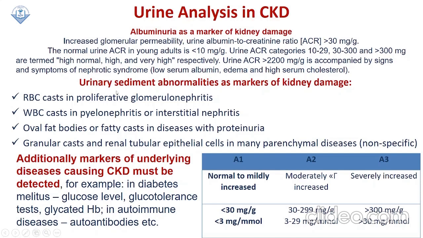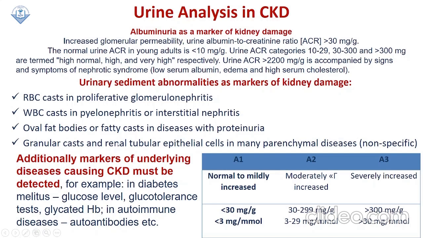Also, in urine, we must check sediment abnormalities because they may be markers of kidney damage. For example, RBC casts are detectable in glomerulonephritis. White blood cells, leukocytes, are detectable in pyelonephritis, in interstitial nephritis. Oval fat bodies or fatty casts are seen in proteinuria.